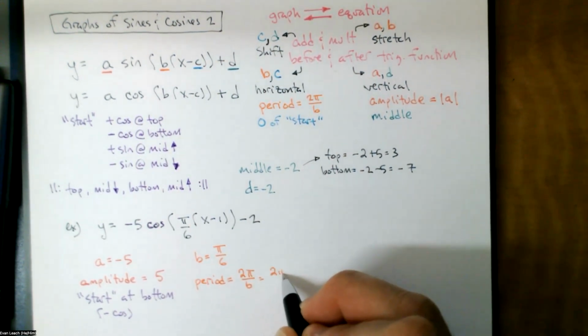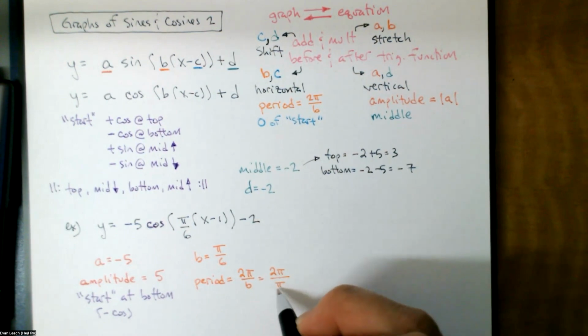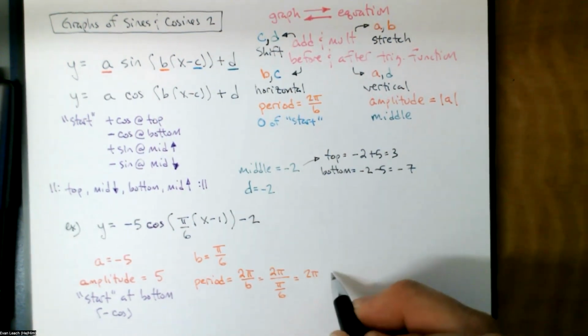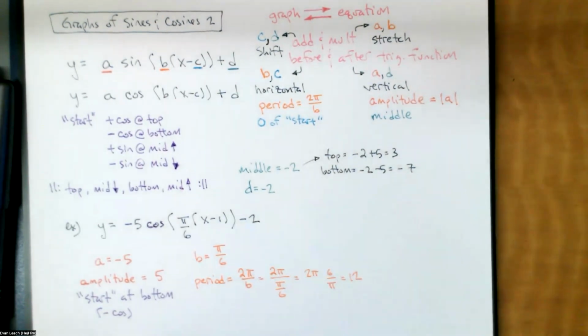So we'll take 2 pi and divide by pi over 6. So we'll take 2 pi and multiply by 6 over pi. Gives us a period of 12. This is why I picked such a weird value for b, so I could get a nice period of 12.